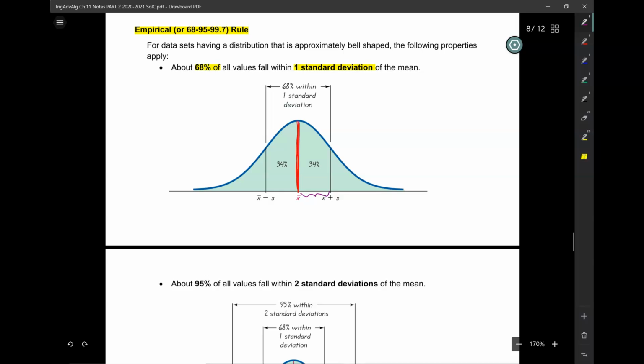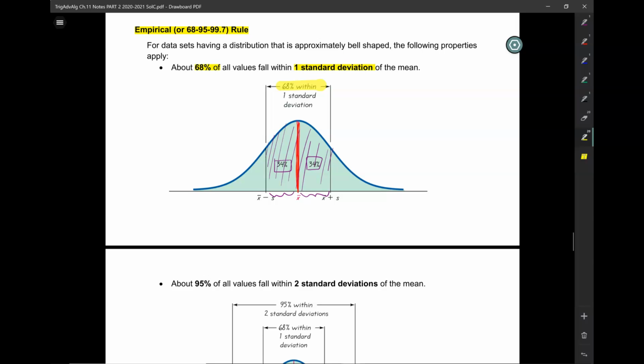If you go to the left one standard deviation, that's 34% of the data. If you go to the right one standard deviation, that's 34% of the data. Together, in that region, you have 68% of all of your data. So if 100 people were surveyed, 68 of them will fall within that region.